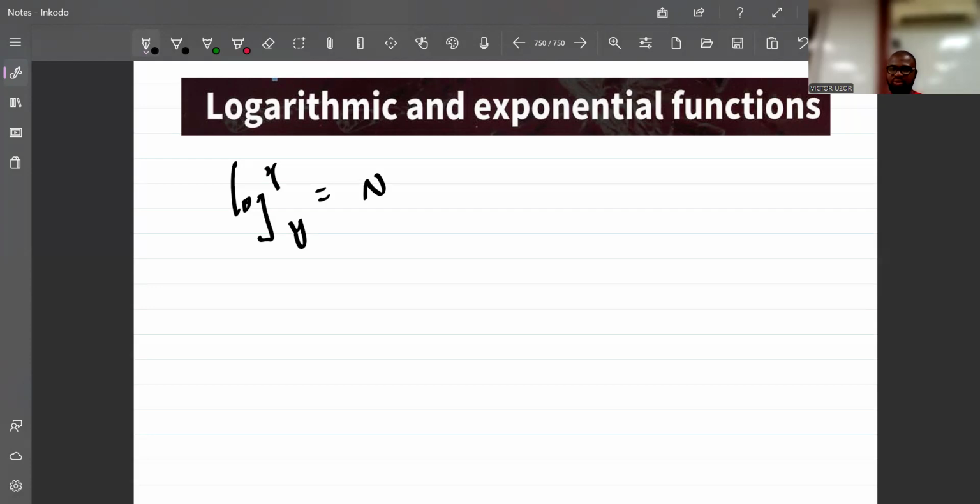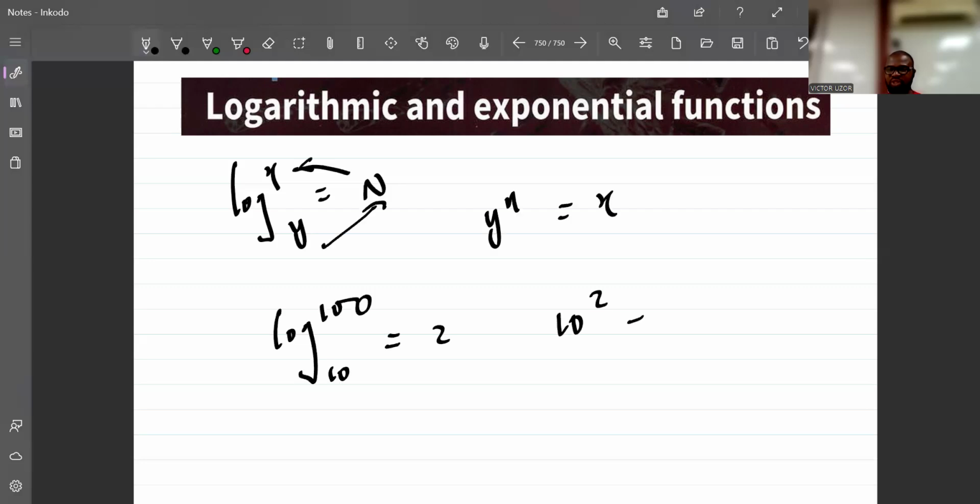That means this raised to power this will give you this. Do you get it? That means that log 100 base 10 is equal to 2. It means 10 raised to power 2 is equal to 100. Okay, so that is the use of the logarithm.